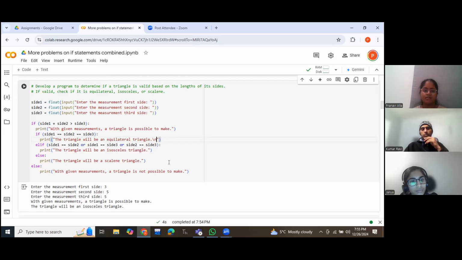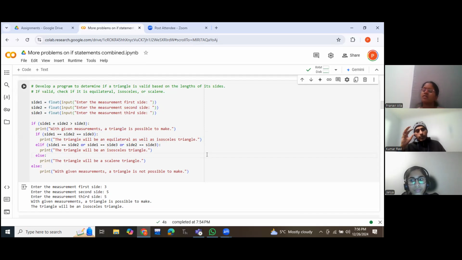Just write one word, equilateral as well as isosceles. That's a logical thing, right? An equilateral triangle will be isosceles also. Yes, sir.